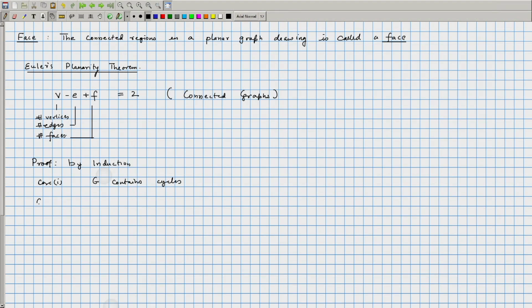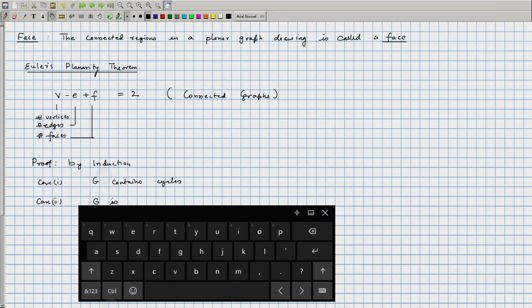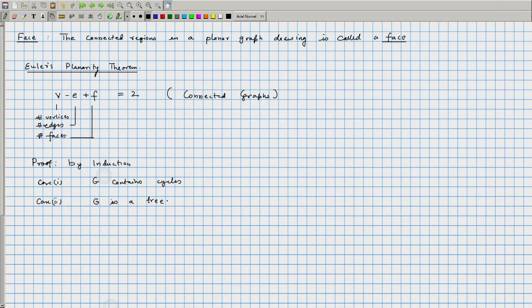The only other case is when G does not contain a cycle. A connected graph without cycles is called a tree. So, G is a tree. Now, when you have a tree and you embed it into the plane, it does not create any regions, and therefore the number of faces will be 1. So, this case proof is easy.